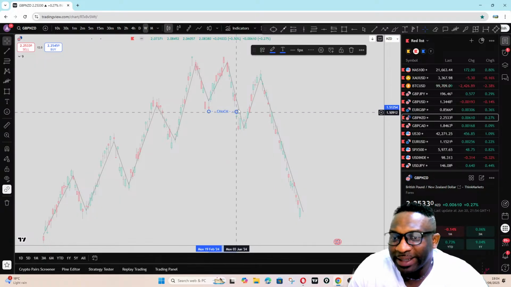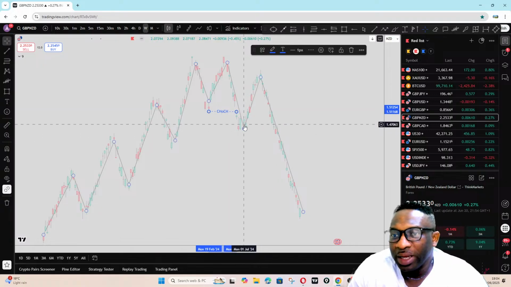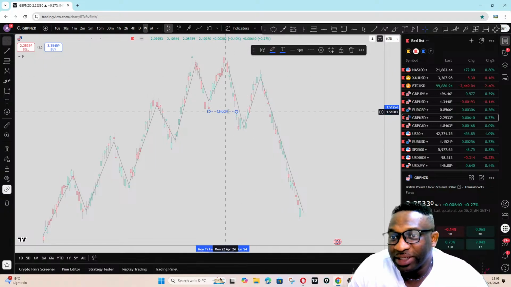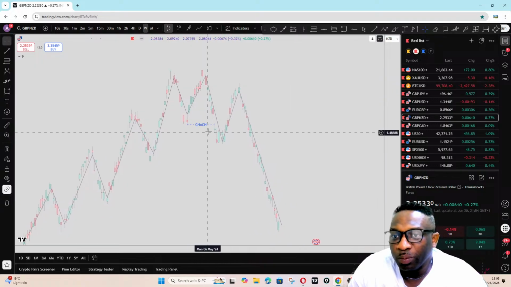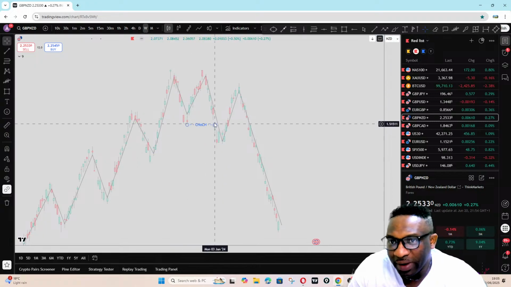Once we identify this on the charts, the next thing we look out for is a retracement. Once we identify a change of character, we look for a retracement back to the origin. The origin here will be the candle that started this whole move that caused the change of character.